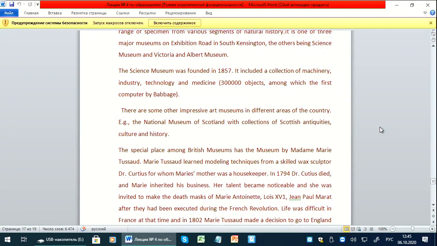In 1794, Dr. Curtius died, and Mary inherited his business.